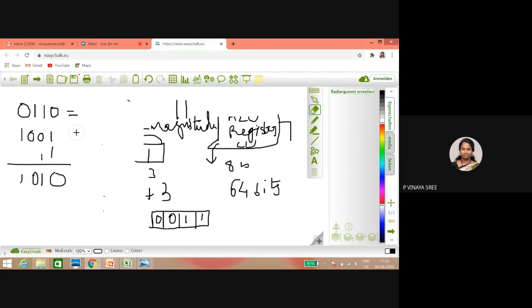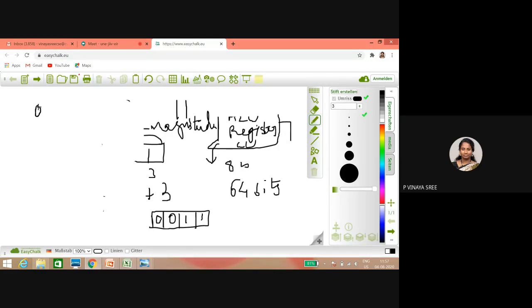As we are representing a register size as 4 bits, the size of the register needs to be considered. So even a single 0 can also be written, but the size we have considered is 4 bits. So I'm considering a 4-bit register. In order to do 2's complement, first you need to do 1's complement of that. If you do 1's complement of 0, you will get all 1's.